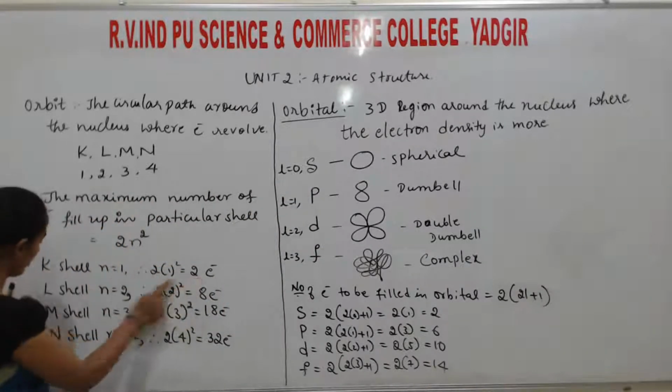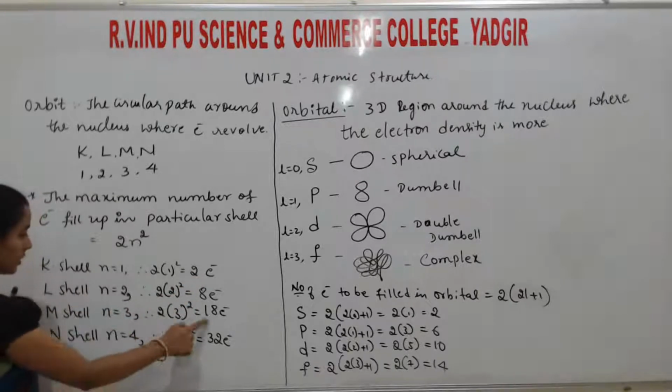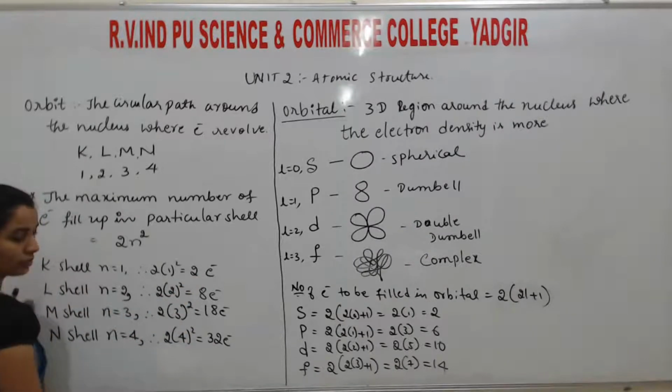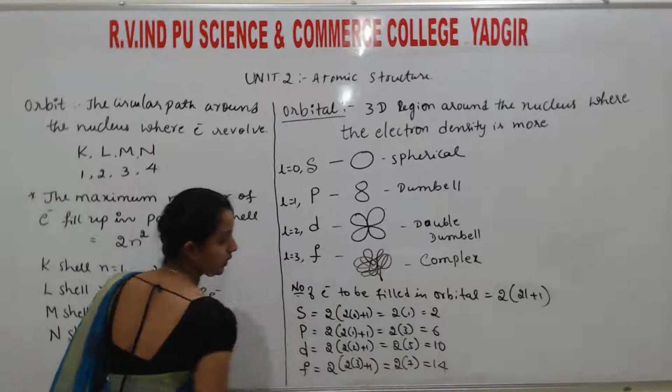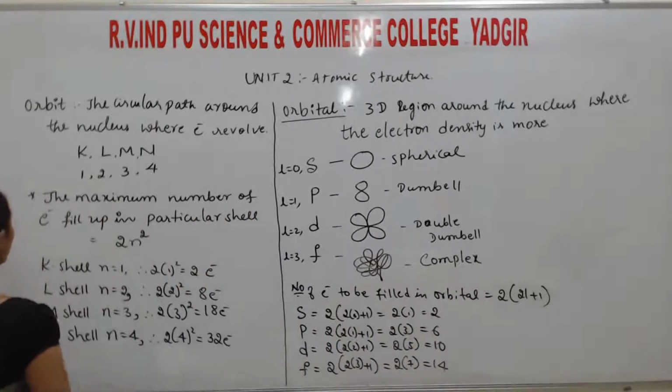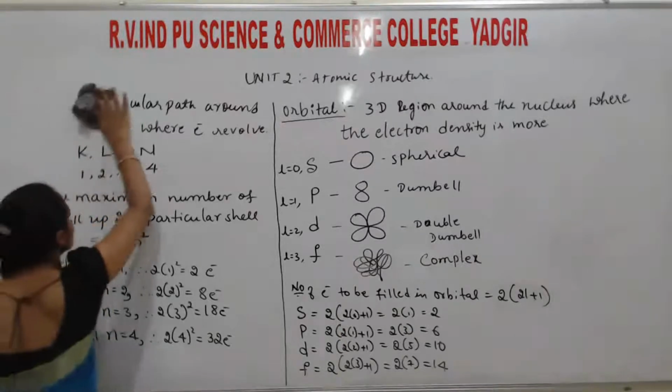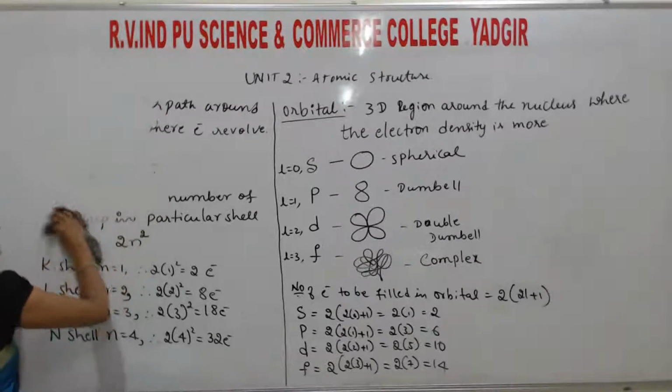For K shell I wrote 2, L shell I wrote this, M shell I wrote this much, N shell I wrote this much. Okay, so you remember this one: 2, 6, 10, 14. Okay, I'll leave that and drop only this much so you people understand.